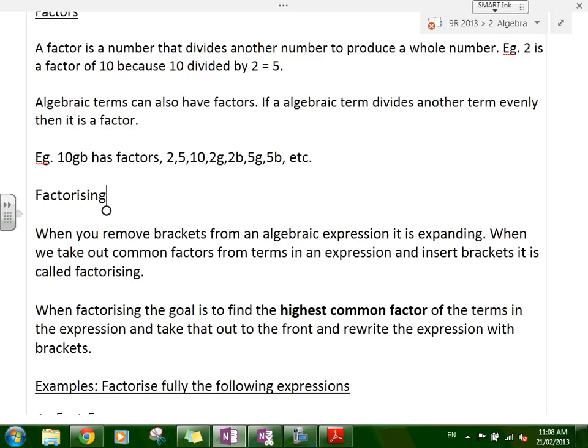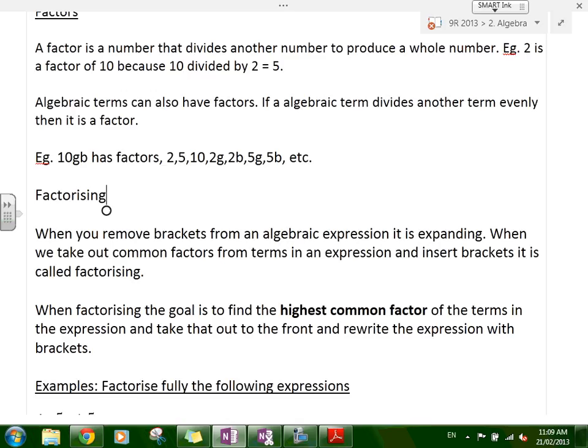So we're all familiar with the term highest common factor. So the highest common factor is the largest number that fits into the given terms that we have. Okay, so the highest common factor of 10 and 20 is what? Highest common factor of 10 and 20. 10. Highest common factor of 24 and 12. 12.